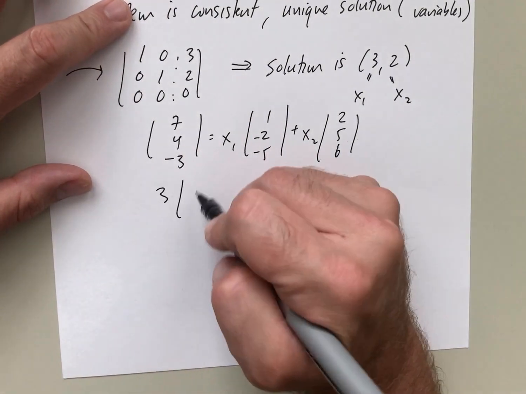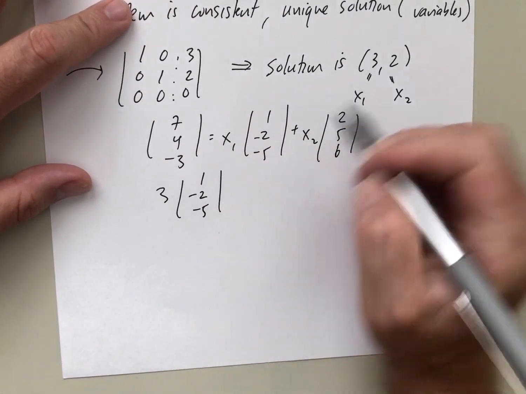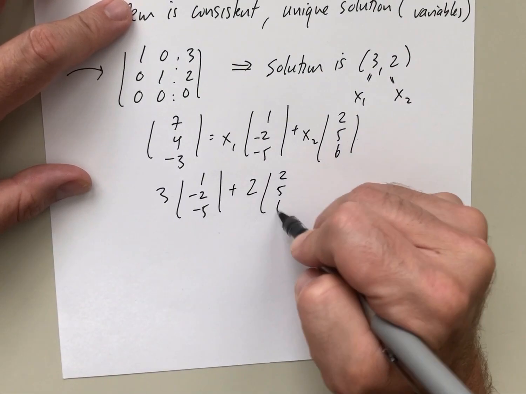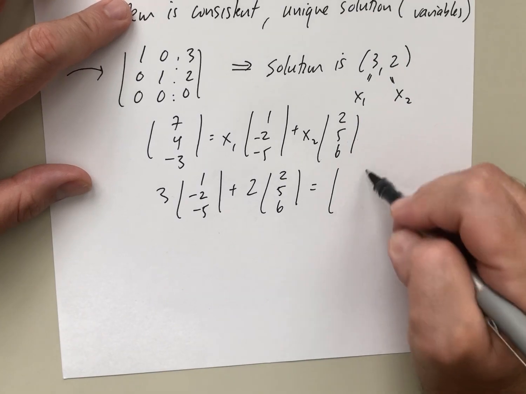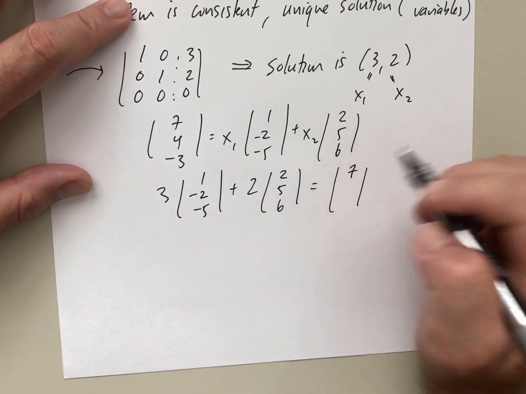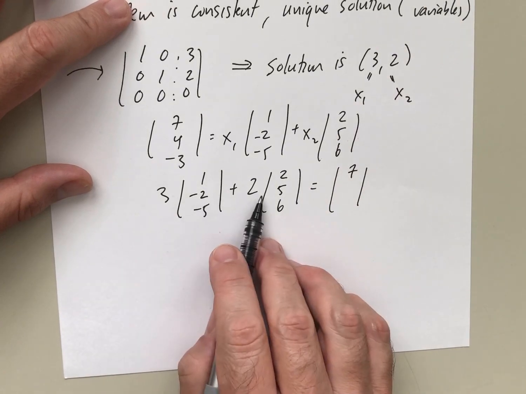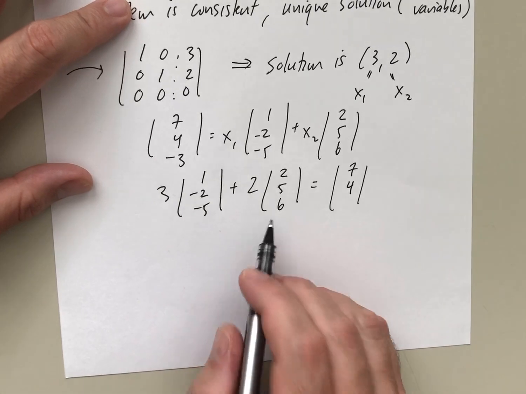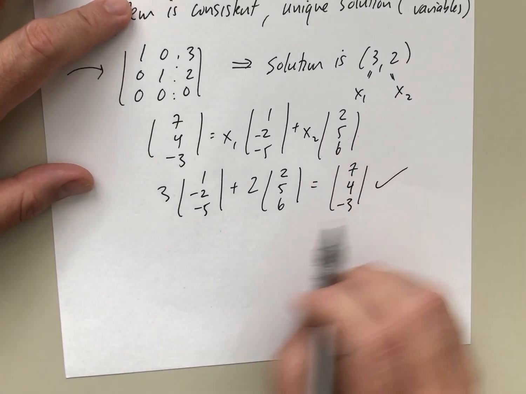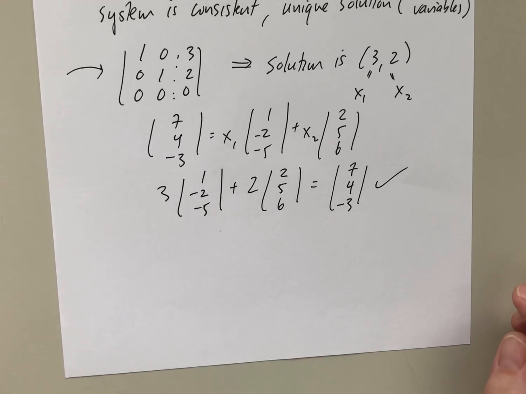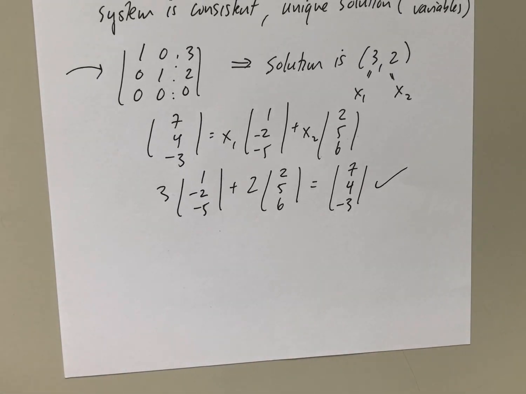If I take 3 times 1, minus 2, 5, plus 2 times 2, 5, 6, I get a new vector. The first entry is 3 plus 4, which is 7. The second is minus 6 plus 10, which is 4. The last entry is minus 15 plus 12, which is minus 3, and that's right. That's what I wanted. So it does work. If you believe what I did, that should be expected, but it's good to double check everything.